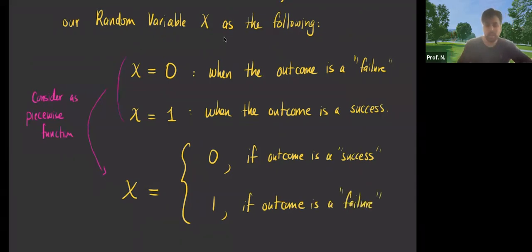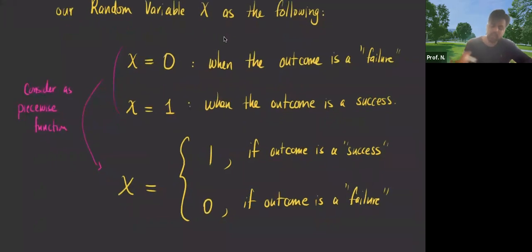So you see here, our random variable that we defined, we kind of, in a sense, arbitrarily gave these two numbers. We could have given it any numbers for the outcome being success or failure. Sorry, it should be the other way around. It's 1, 0. Yeah, I just saw. The idea is when you have an outcome being what's called a failure, we say x equals 0. When you have the outcome being success, we say x equals 1.